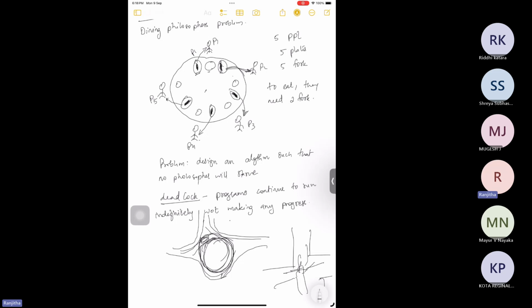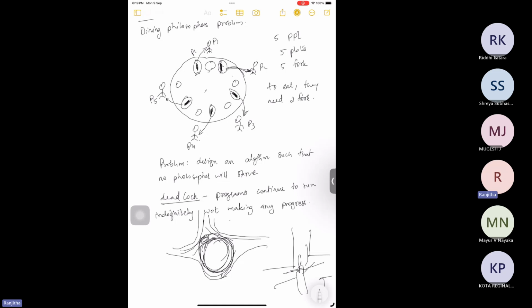Now, how can we solve this dining philosophers problem? That is, how can we ensure that these philosophers do get a chance to eat? We can use mechanisms like the semaphore mechanism, mutex and semaphore.